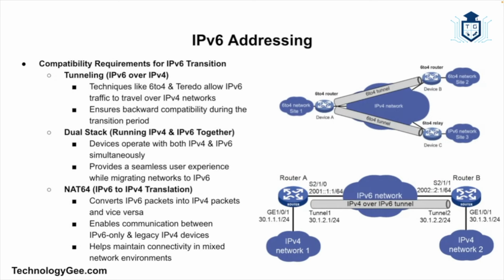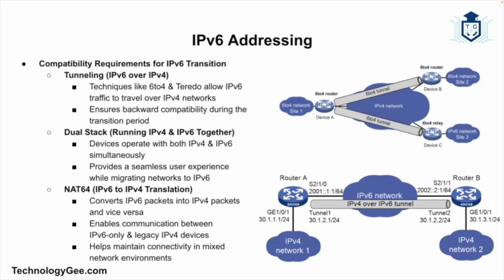And let's quickly talk about some of its compatibility requirements. So the first one is tunneling. Tunneling techniques such as 6to4 and Teredo allow IP version 6 traffic to traverse IP version 4 networks, ensuring backwards compatibility during the transition to IP version 6. Then you have what is called dual stack.